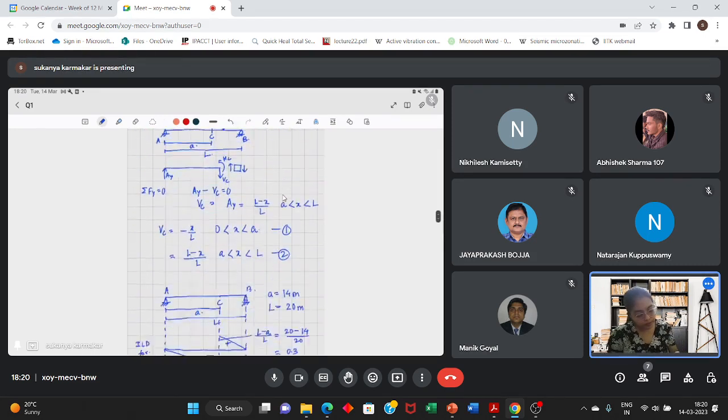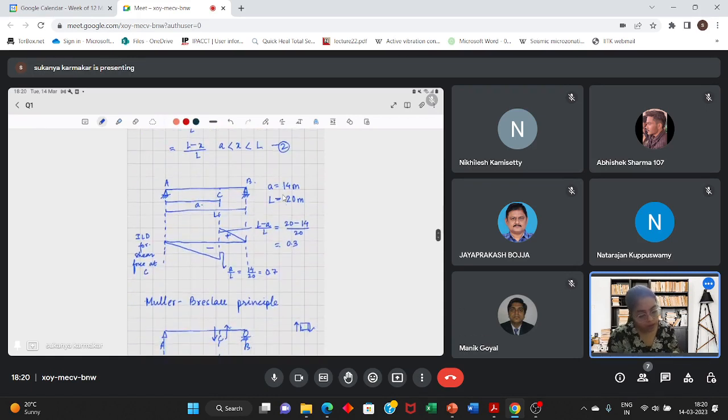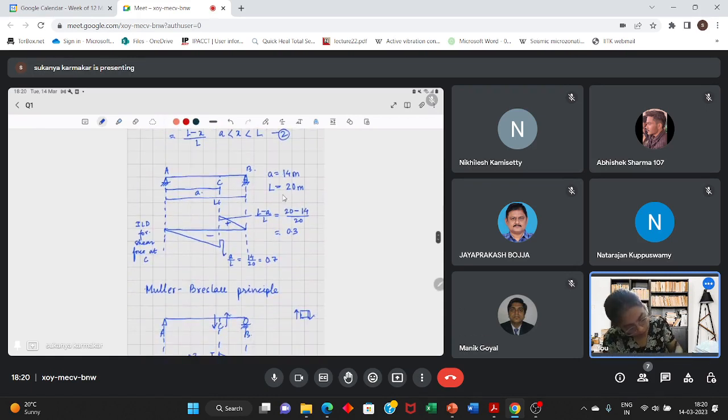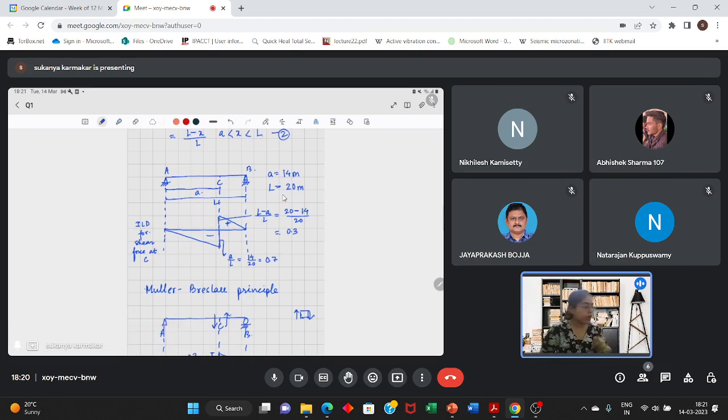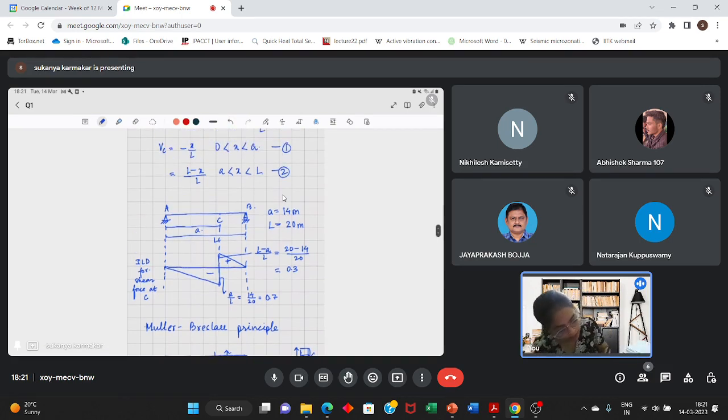Its intensity is 10 kilonewton per meter, and we have to calculate the maximum shear force due to this UDL. Now, this is the ILD. Now we have to calculate the maximum shear force.